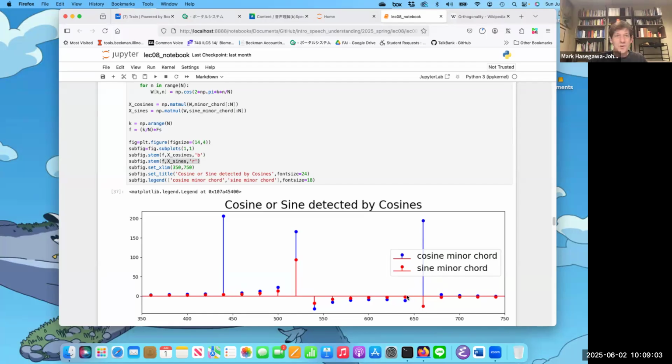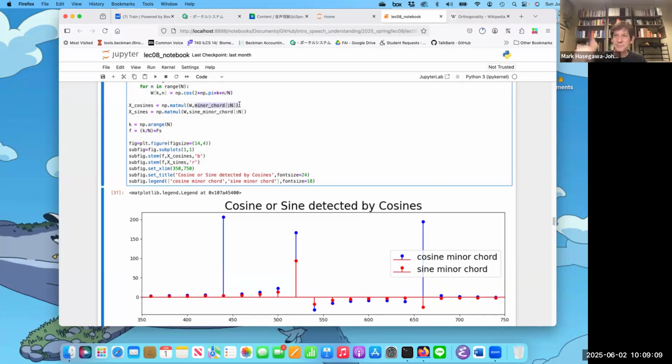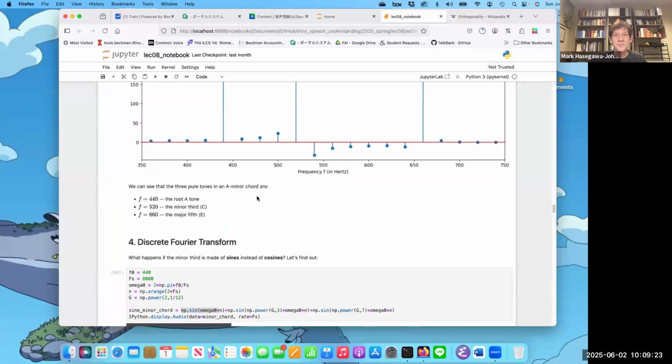And so if the input happens to be cosines, then our W matrix is just fine. If the input happens to be sine waves, then our W matrix doesn't work. This is the reason why that was called a discrete cosine transform. Where did I put that? Let me go back to the beginning.